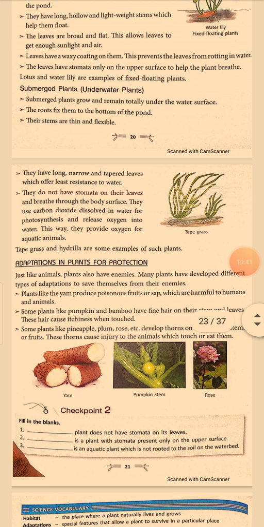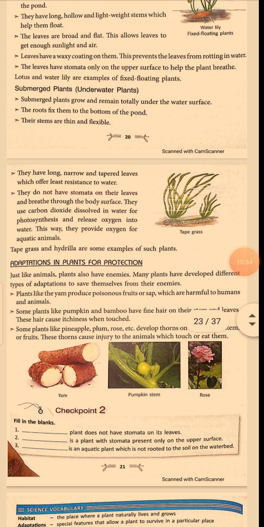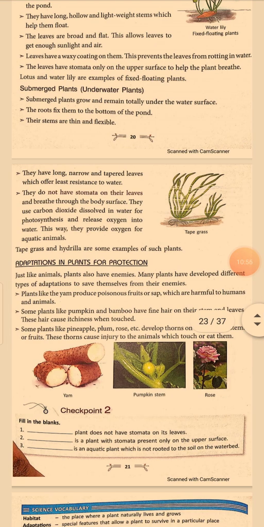Third is the photo of the rose plant. The rose plant remains protected because it has spines over the stem. You normally have seen the rose plant, and you must have seen the spines over the stem, and if you look carefully the leaves of the rose plant also have very sharp edges.